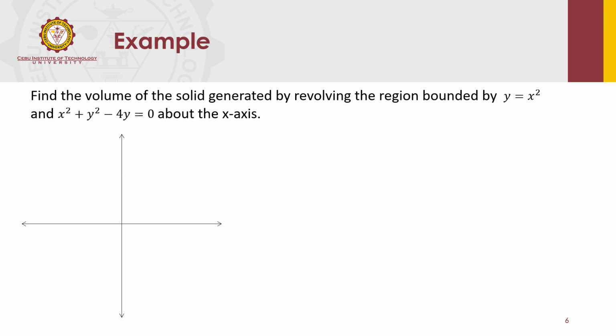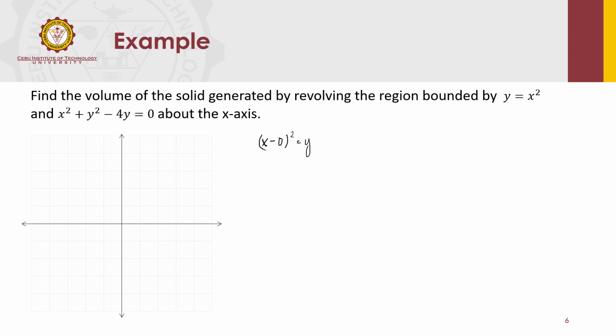Find the volume of the solid generated by revolving the region bounded by y equals x squared and x squared plus y squared minus 4 equals 0 about the x-axis. So the first curve is a parabola which opens upward since the x is being squared and not y. So in standard form, that's (x minus 0) squared equals y.